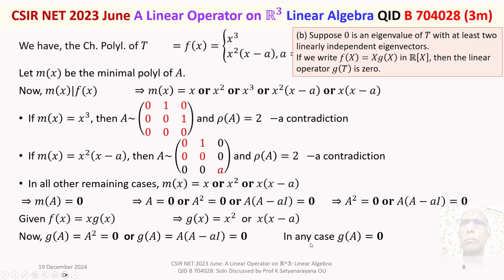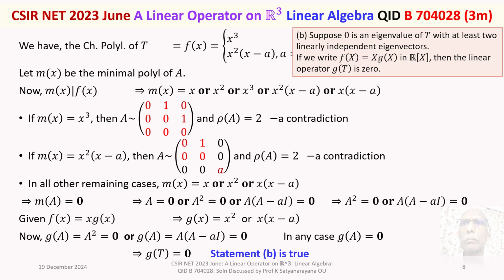So in any case, g of A is 0. Whether we talk about A or T doesn't matter much. Therefore, g of T is 0. So when f of x is written as x into g of x, the linear operator g of T is 0. Therefore, statement B is true.